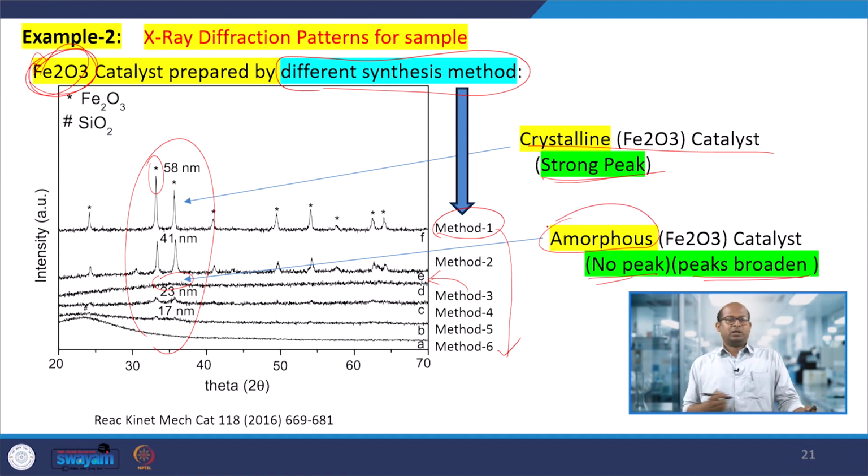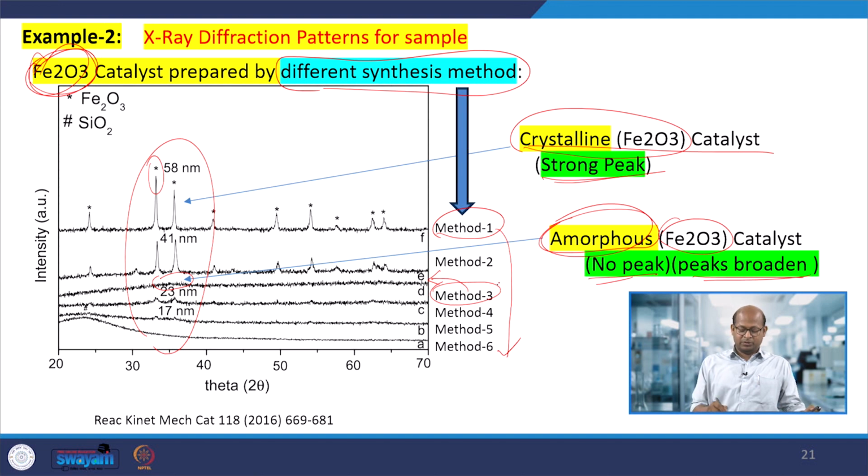The Fe2O3 prepared using this particular method remains highly amorphous or has smaller crystallites. The same material, if we prepare at low temperature or by a specific method, we can synthesize in the amorphous phase, and using other methods we can get this iron oxide in the crystalline phase.